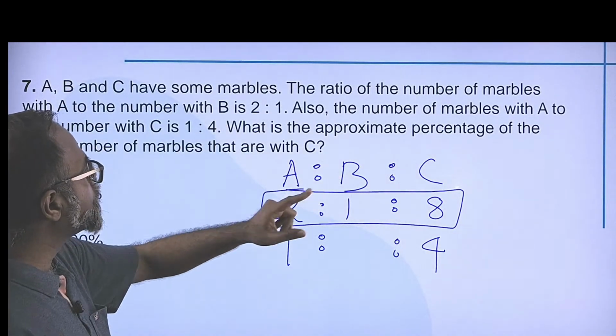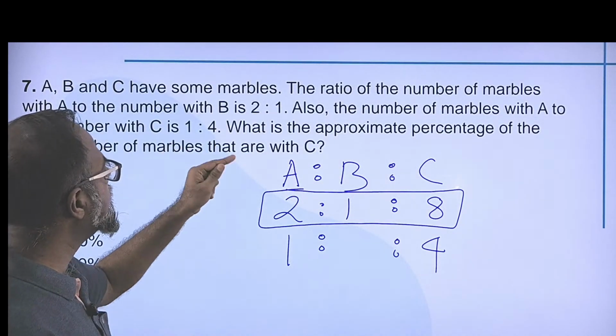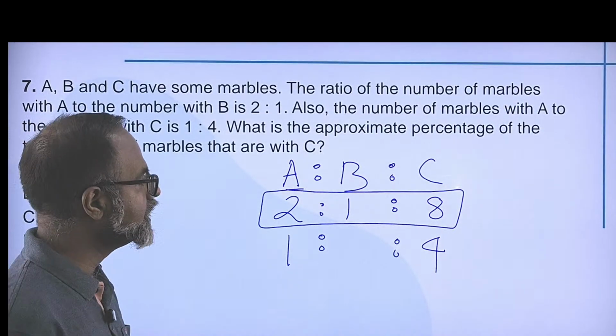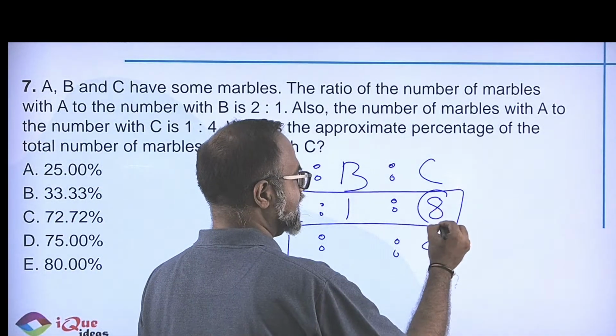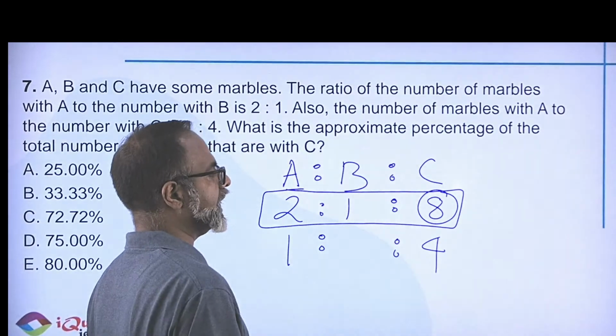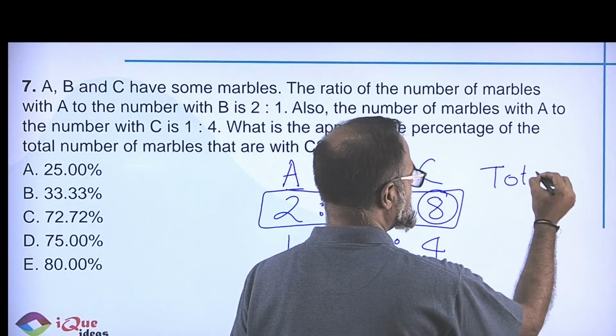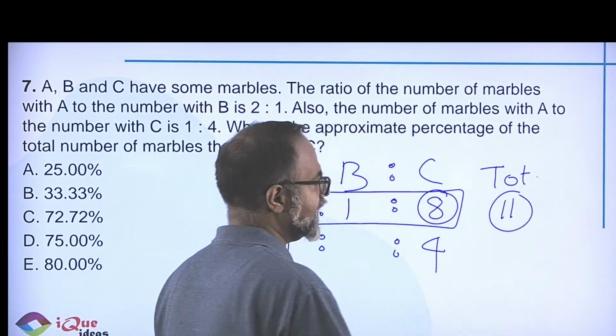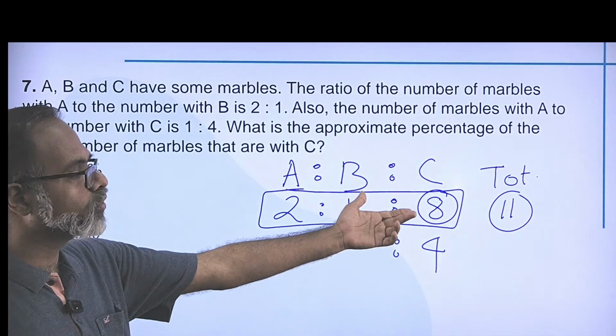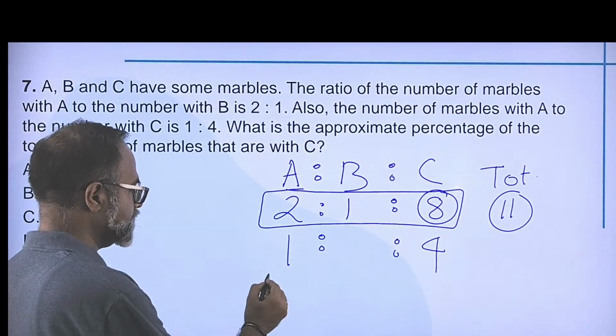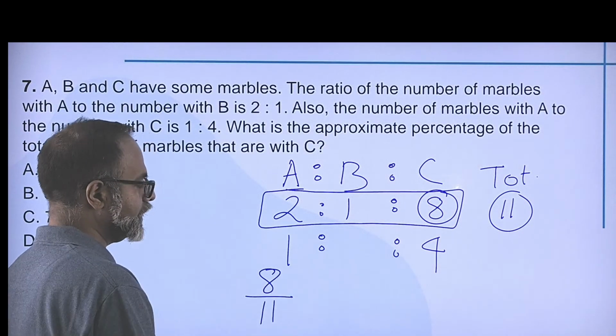Now, what is the approximate percentage of the total number of marbles that are with C? So, C has 8. But all of them combined have 8 plus 2, 10, plus 1, so the total number of marbles is equal to 11. Now 8 out of 11 is what as a percentage? You can do 8 divided by 11.